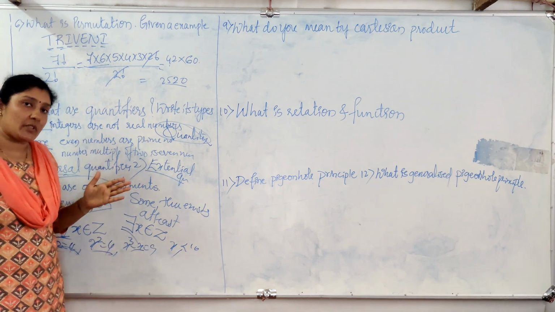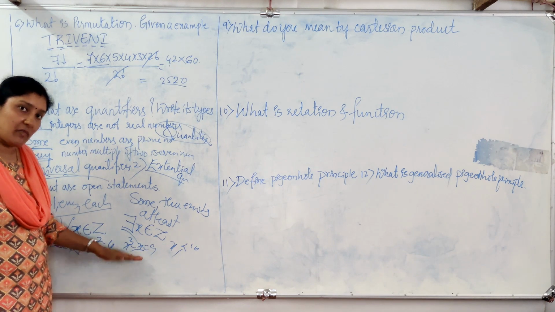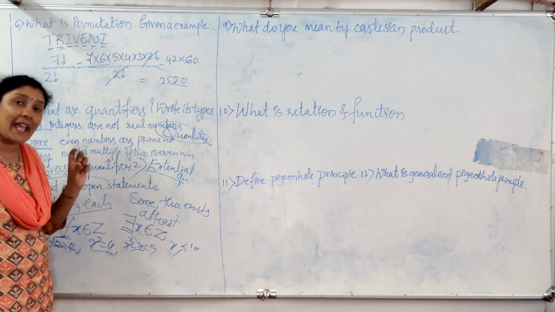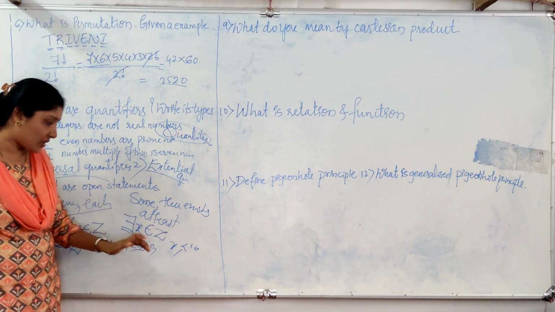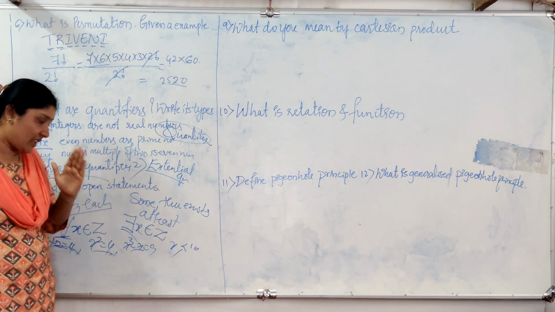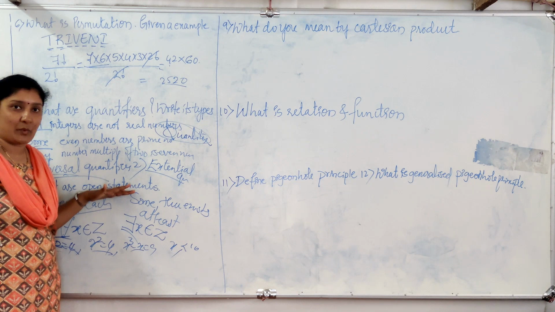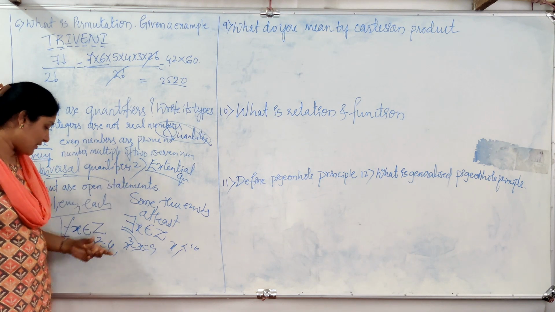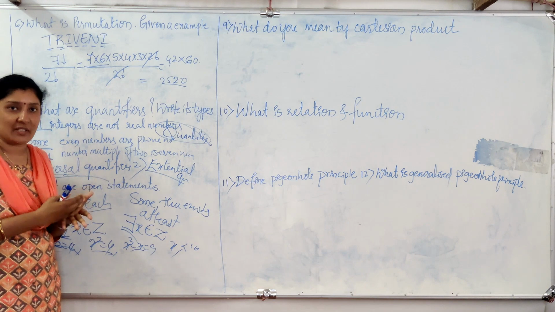A compound proposition is called an open statement if it has x. So a compound proposition in which x is specified compulsorily is called an open statement.